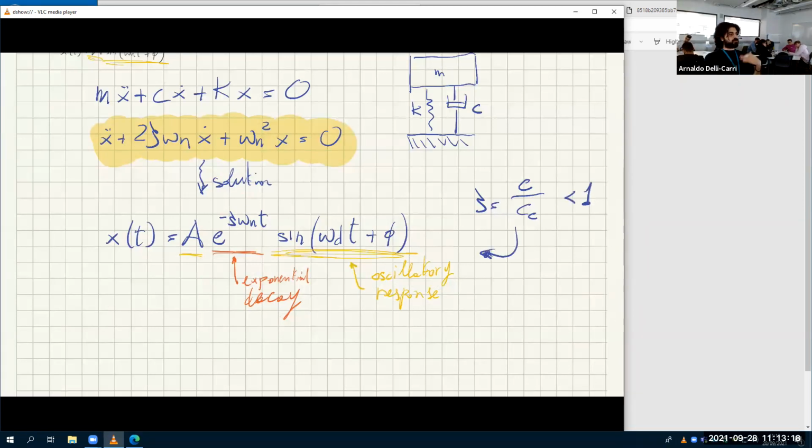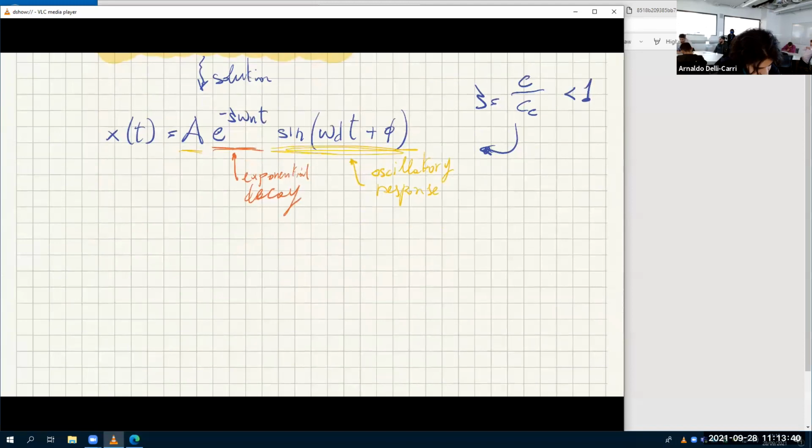Because if zeta is equal to 1, the solution loses the oscillatory part, and it's just an exponential decay. And if zeta is greater than 1, this effect is even more amplified. So it's decaying and not oscillating. And this happens in this way, like this.